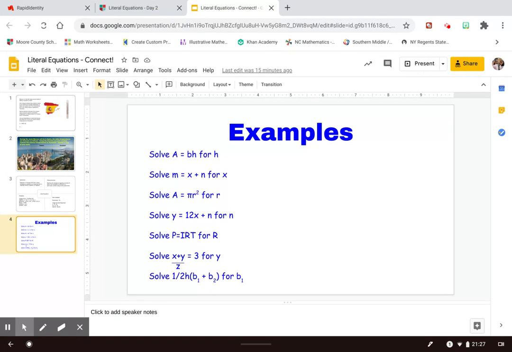So now I have x plus y divided by z equals 3. And I want to solve this for y.